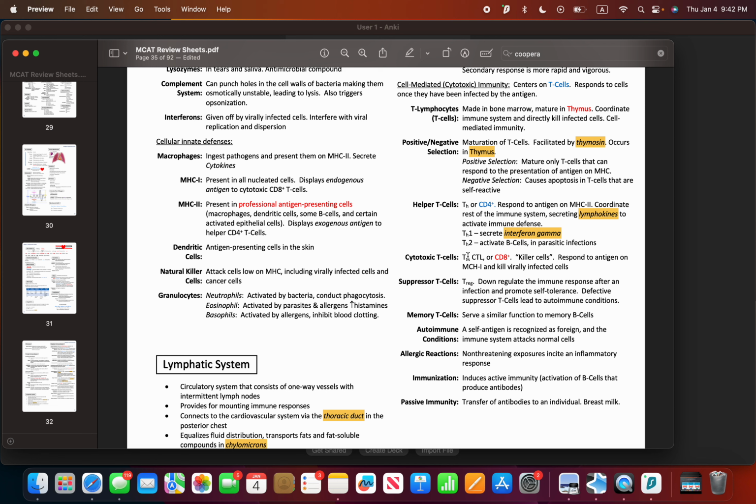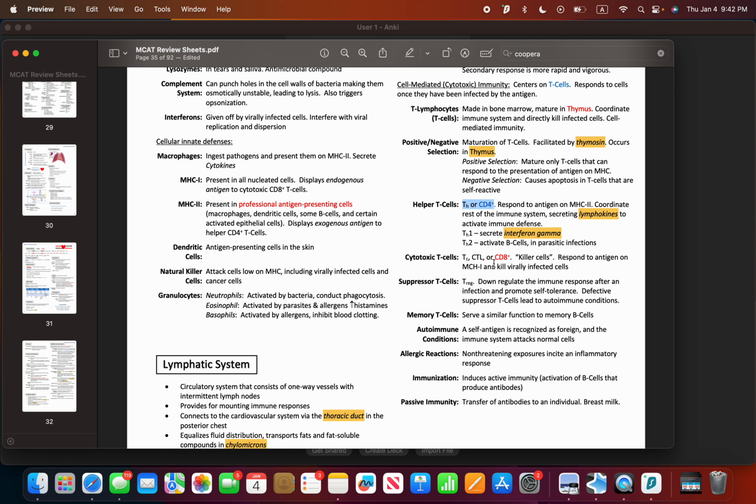We have cytotoxic T cells, TC, CTL, or CD8+. They are killer cells. They respond to antigen on MHC1 and kill virally infected cells. So CD4+ is with helper T cells, and CD8+ is with killer cells, cytotoxic T cells.